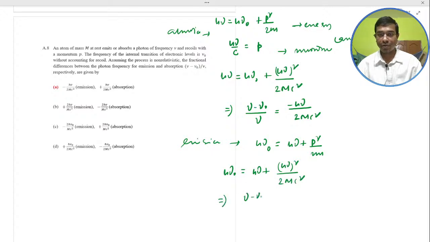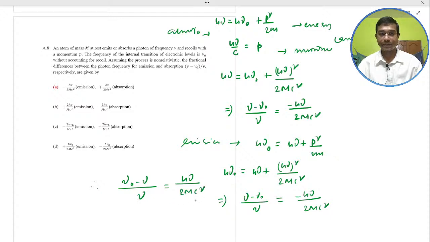That is equal to nu minus nu naught divided by nu, which is equal to minus h nu by 2 mc square, or therefore nu naught minus nu by nu will become h nu by 2 mc square. One is for absorption and the other for emission. Option A is correct. So emission is negative here and absorption should be positive here.